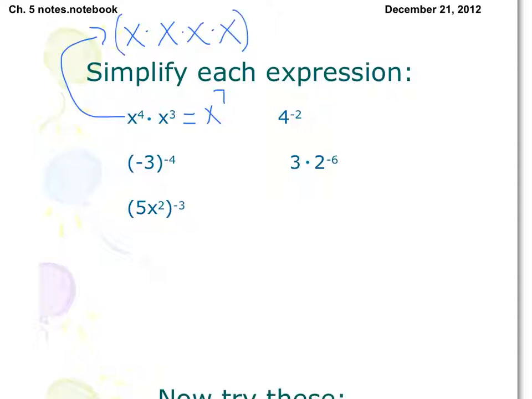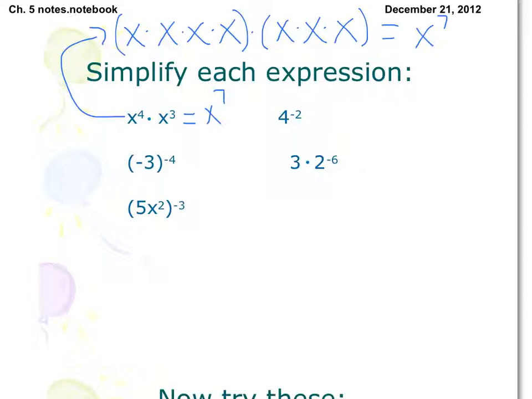That is being multiplied by x to the 3rd, which is x times x times x. To get a final answer as to how many times we're multiplying x, just count them all up, and you'll see there's 7.